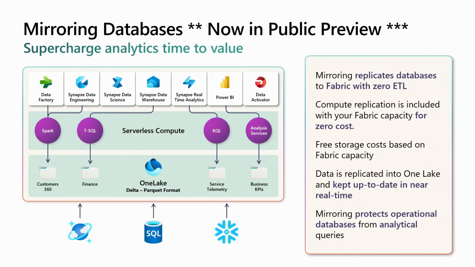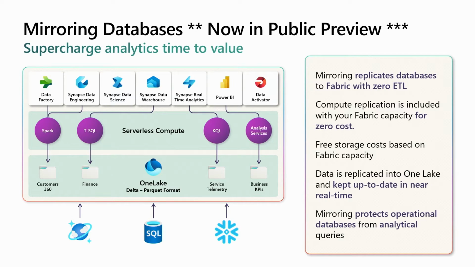Mirroring is an ability to enable zero ETL. What does that mean? You do not have to do any more processing to manage your data. Enabling Fabric is very simple. You do not need to create any complex ETL pipelines, and you do not even have to have any kind of hosting. It's a self-managed service, and it's managing your replication for your mirrored data.